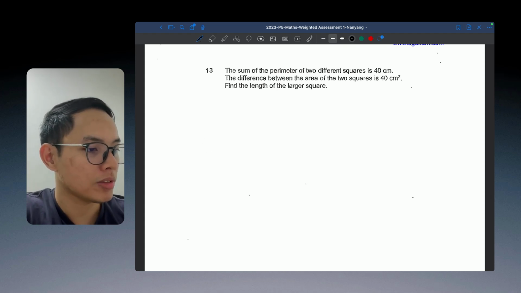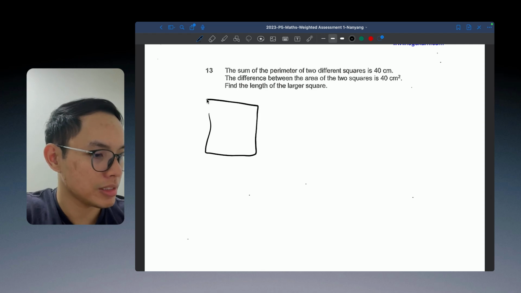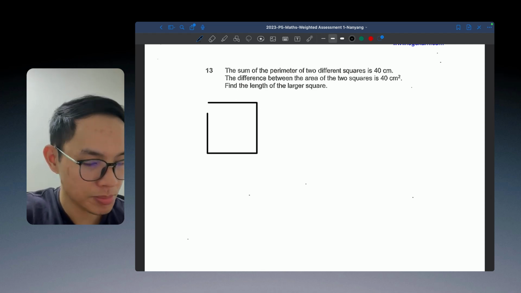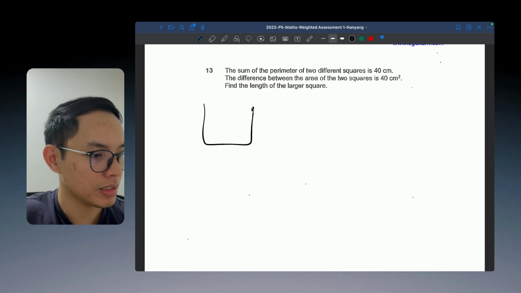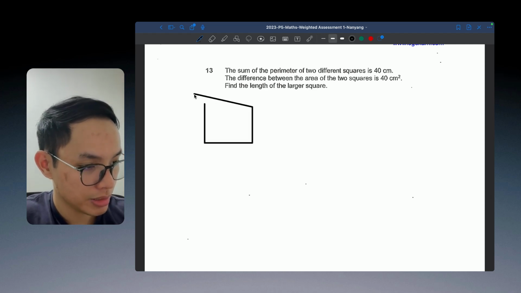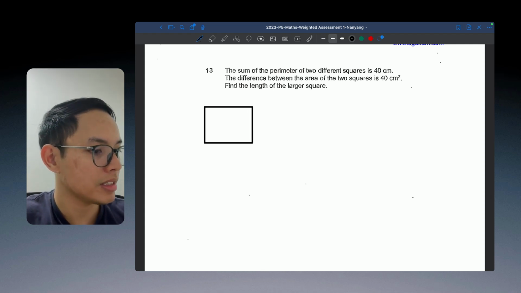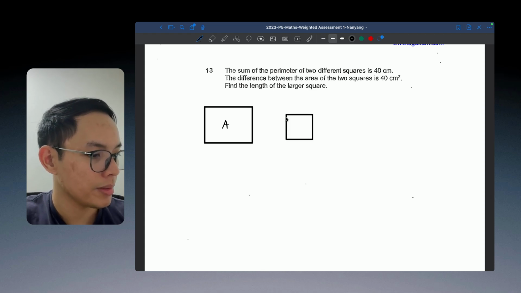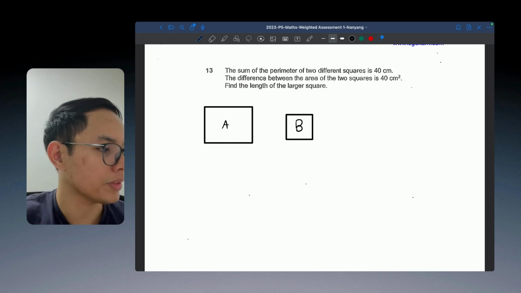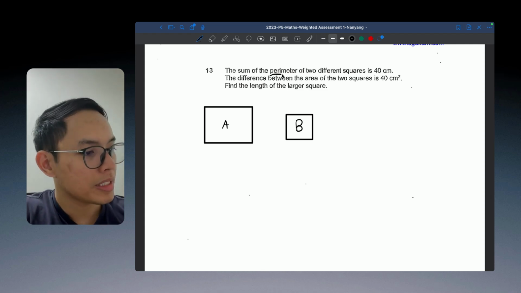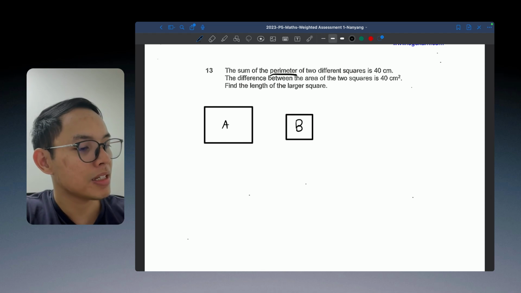So let's draw out the bigger square right over here. Let's say this is square A, and the smaller square is square B. That's what I see over here. So what is the perimeter?